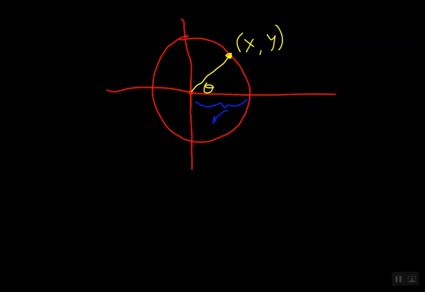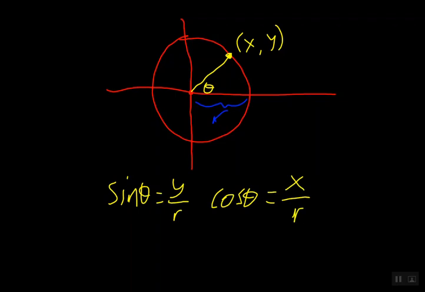And see if maybe you can prove this using the SOHCAHTOA stuff, or you could consider this more fundamental and prove SOHCAHTOA from this. But we'll say that sine of theta is going to be y over r, cosine theta is going to be equal to x over r, and tangent theta is going to be y over x, which is actually the slope of this line.